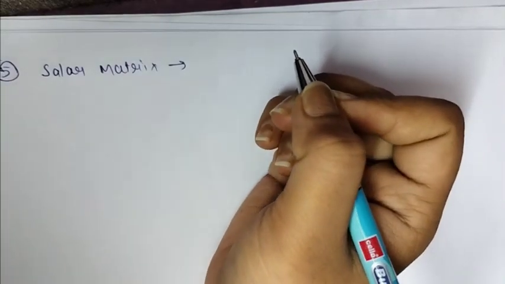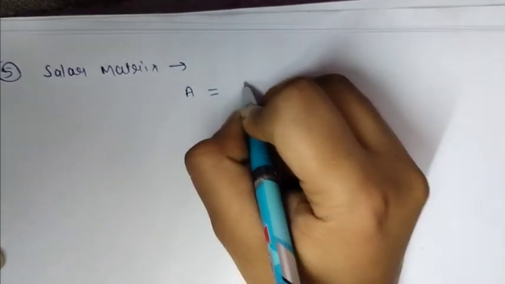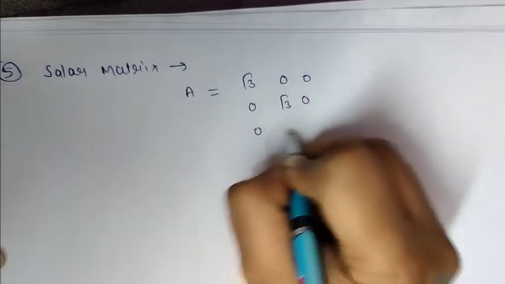So if in any matrix, when the diagonal elements are equal, like if we are having a matrix A equals to √3, 0, 0, 0, √3, 0 and 0, 0, √3.